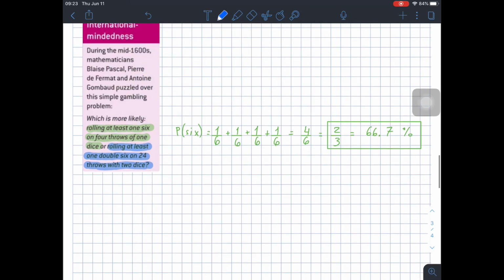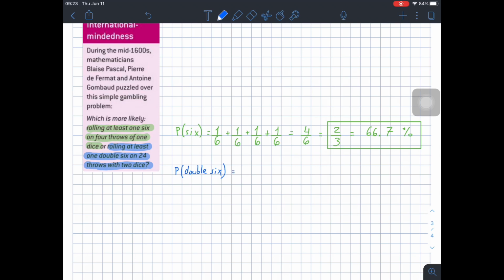It says, rolling at least one double 6 in 24 throws with 2 dice. So we want the probability of a 6/6. If we analyze this from the perspective of the first throw of the 2 dice, right?